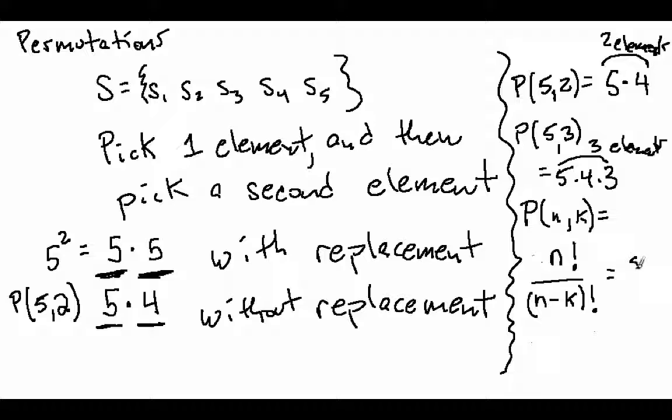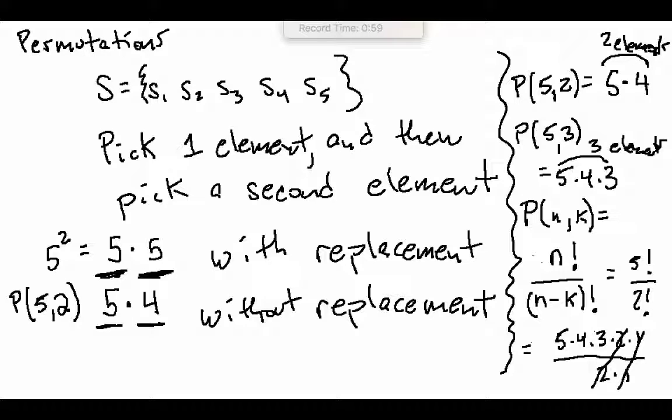That would be 5 factorial over (5 minus 3) factorial, which is 2 factorial. Look at what that's equal to: 5 times 4 times 3 times 2 times 1, divided by 2 times 1. These cancel each other out, and these cancel each other out, and I've just got 5 times 4 times 3. So this is a very important result. We'll put it on a big slide right here by itself. So we're talking about permutations.